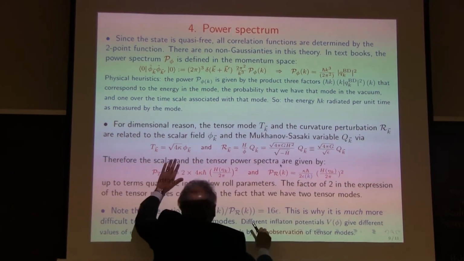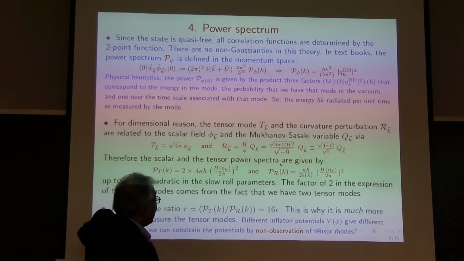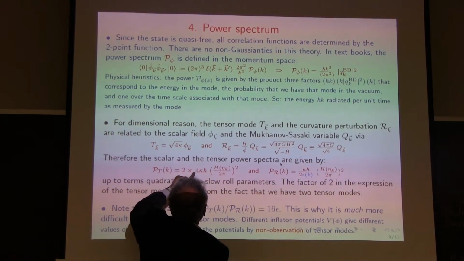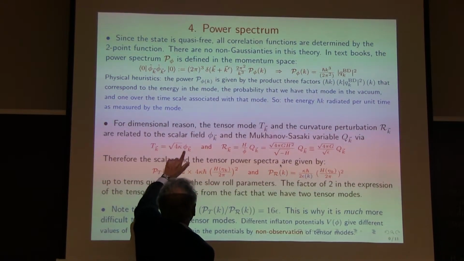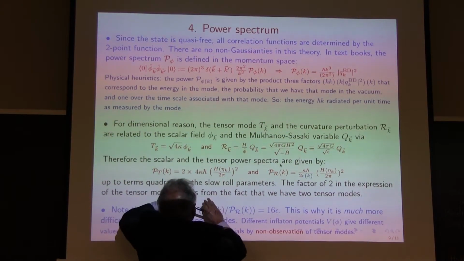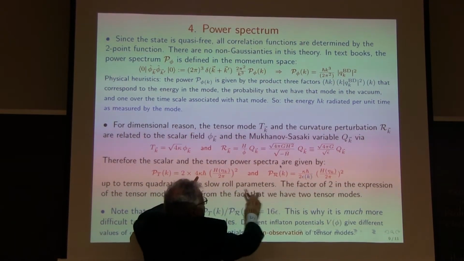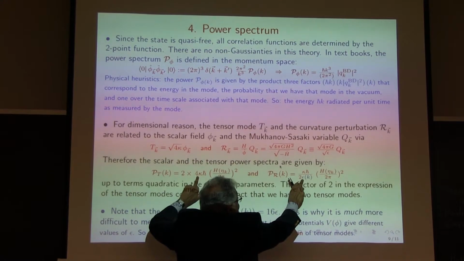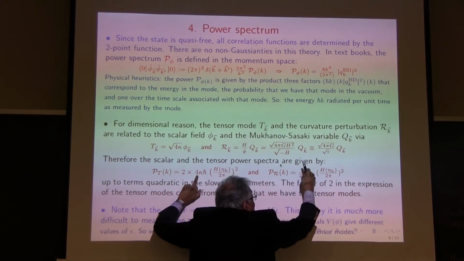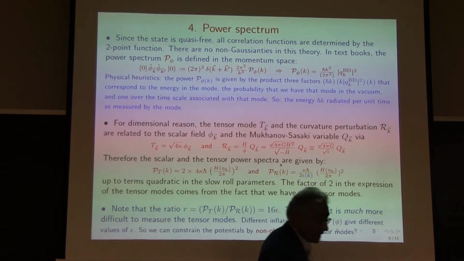This factor 2 is there because there are two tensor modes up here, and this 4 kappa h bar comes from the tensor mode being related to the scalar mode by this particular number up here. So the only difference, apart from these factors of 2, is really 1 upon epsilon. Therefore, you can see that the scalar power spectrum is enhanced by a factor of 1 upon epsilon compared to the tensor power spectrum.